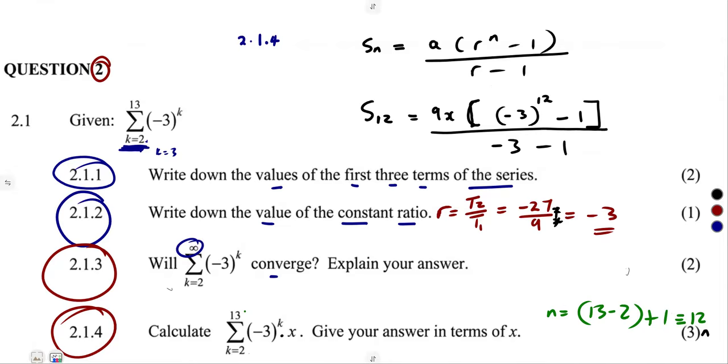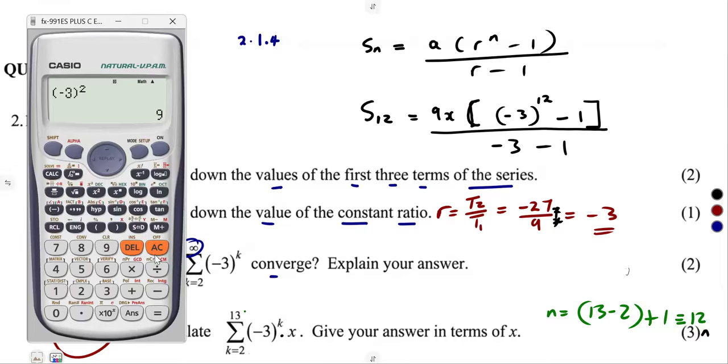So simplify this whole part, multiply it to 9, as we can see. That 9, so the answer will be multiplied to x. So this is what I'm trying to say. 9, open bracket, then open another one for the -3. So that's -3 to the exponent of 12.